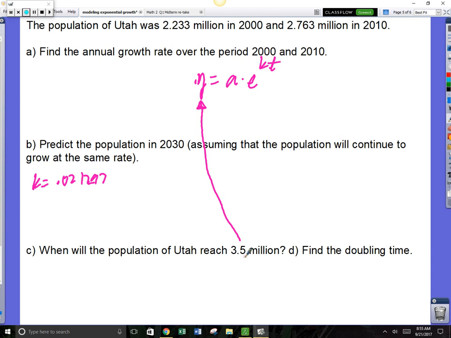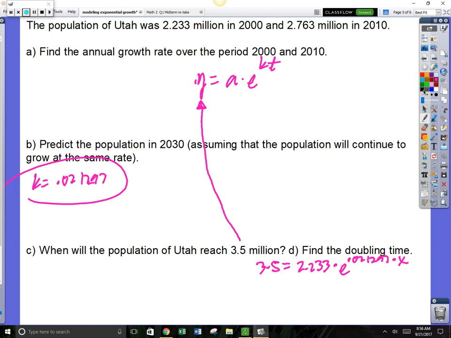So if I put 3.5 in there, so it's going to be 3.5 equals my initial A was 2.233 times E. My K, I know, I found that, my first thing, so that's 0.021297 times, this time, I don't know how many years it's going to take to get to 3.5, so that's my unknown, that's my X. And it is in an exponent, so we're going to have to undo all this, and that's going to require a log at some point.